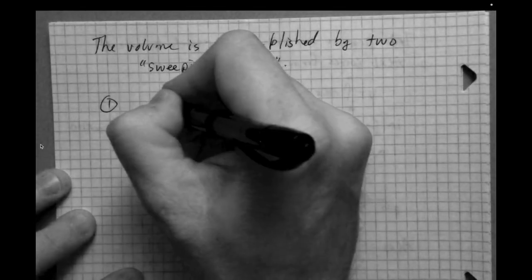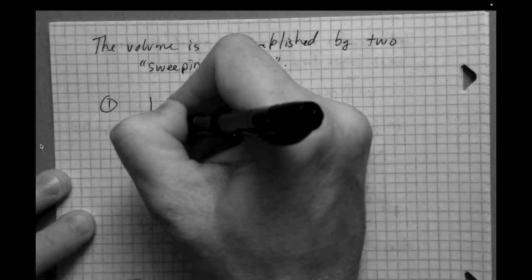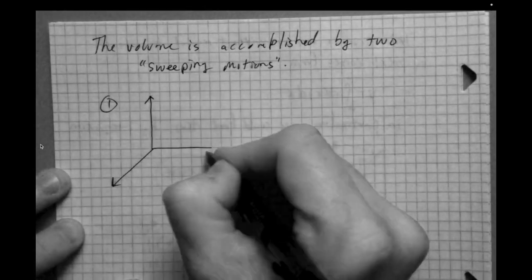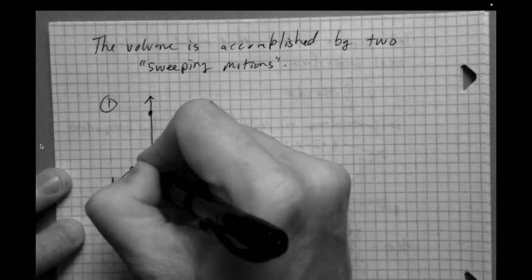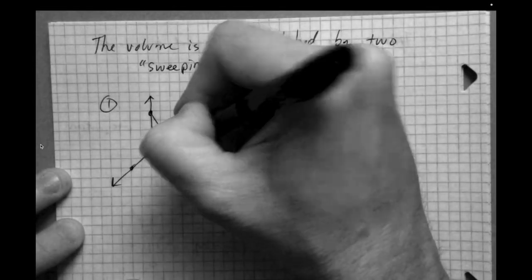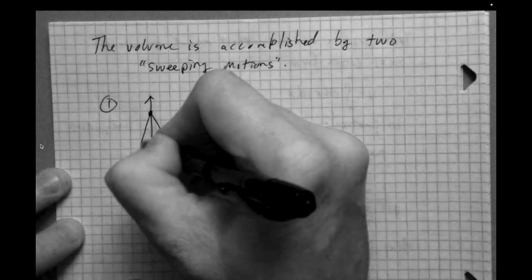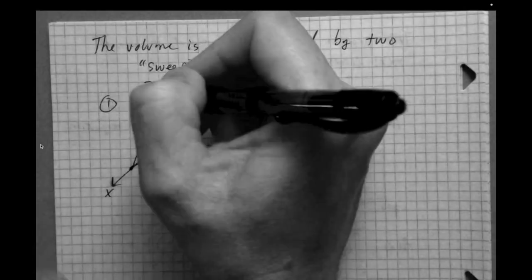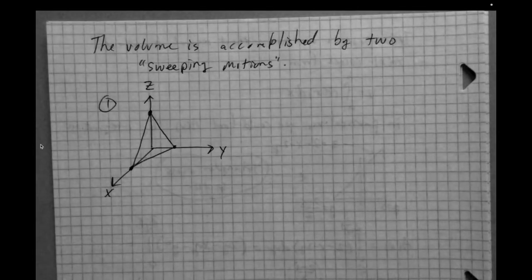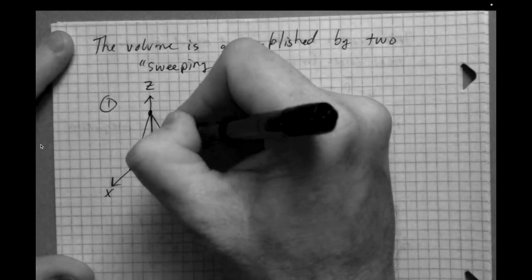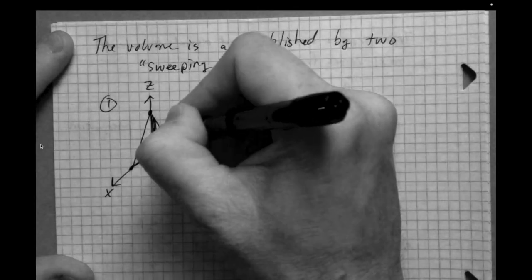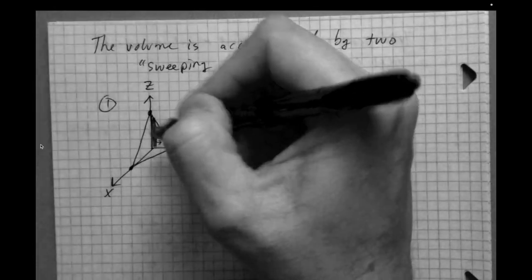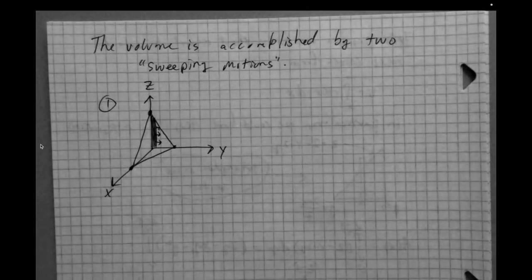The first sweeping motion is, okay, so you've got your x, y, z's here, and here's your region of interest. Remember, this is the plane. And so the first sweeping motion is sweeping out a cross section. So you sweep out the area of one of the cross sections.